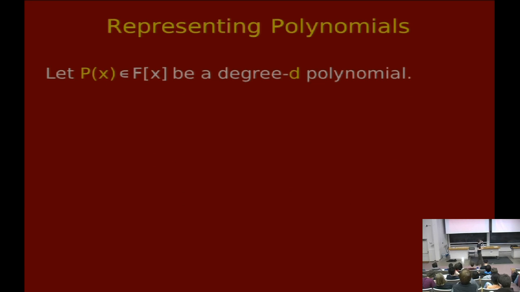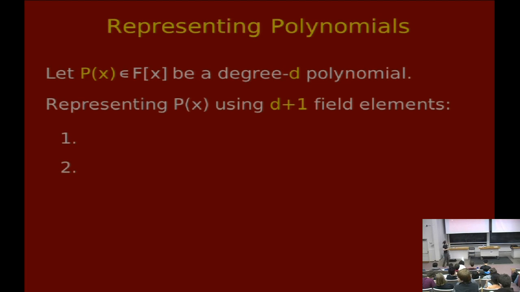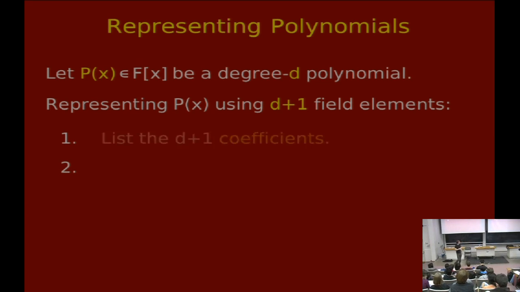Last thing, representing polynomials. So suppose P is a degree d polynomial. There are 2 ways you can represent it by using d+1 field elements. What's the first way? If you need to tell somebody a polynomial using d+1 numbers? Yeah, you just need to tell the coefficients.